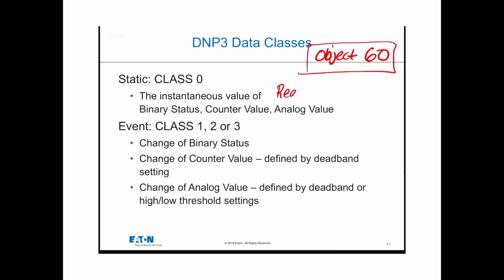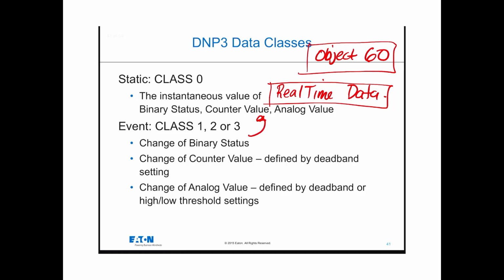So it's an overall general data type that's saying what are all your real-time or instantaneous values of any point. So that's class 0. Classes 1, 2, 3 are changes that have occurred in any of our class 0 values.